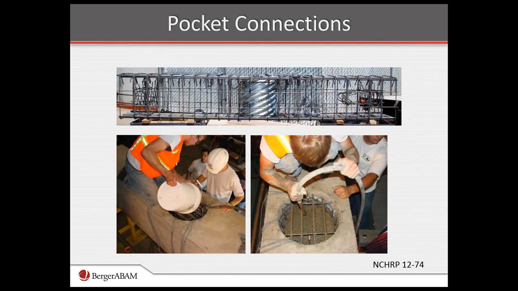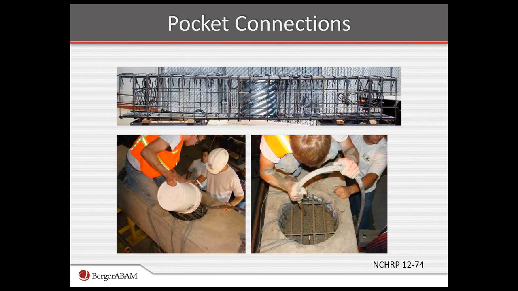It does have a challenge in that you have to support the cap beam on some sort of, typically a collar or some sort of false work above the column. As you could imagine, you don't have the concrete in the center of the joint region, which allows you to place shims, which the grouted-duct connection does. So that's an advantage that the grouted-duct concept has over this pocket connection.